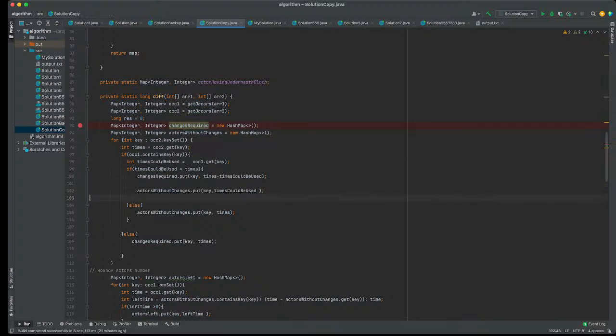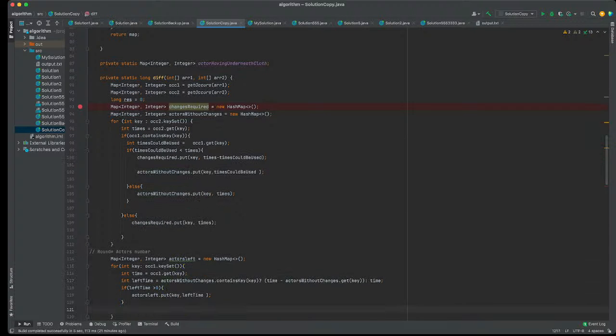Because in the process, different persons will utilize this opportunity in different stages. So I use this hash map to keep track of which person still has the opportunity to use underneath clothes, and which person has this opportunity used up.